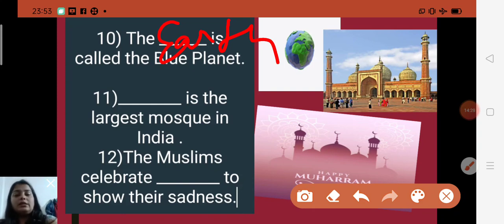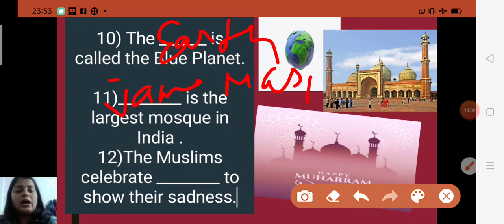Now dash is the largest mosque in India. Muslims go to mosques to pray. And also what? Jama Masjid. The Jama Masjid is the largest mosque in India.